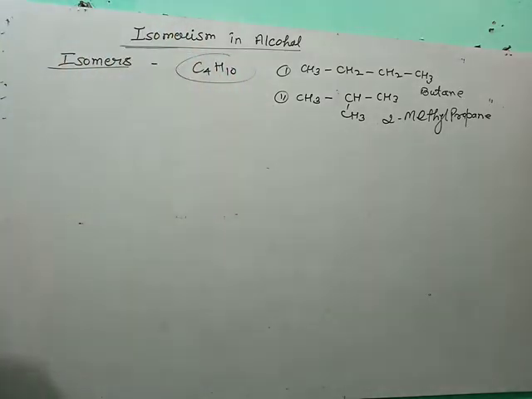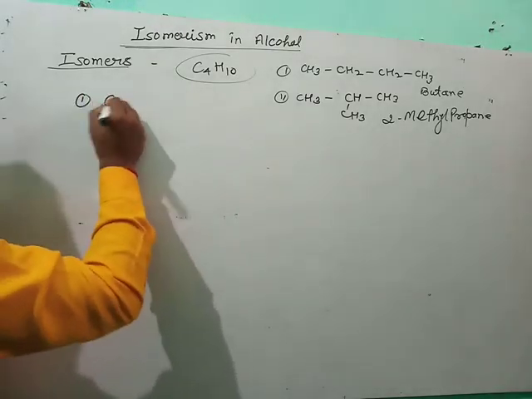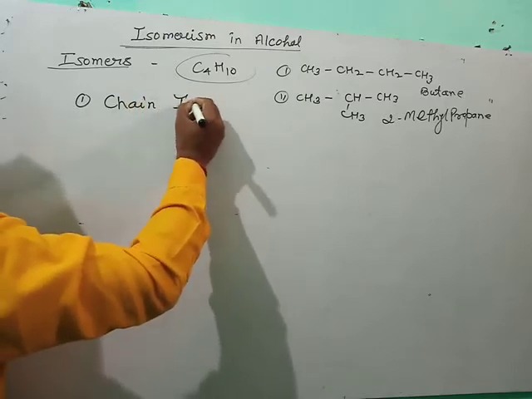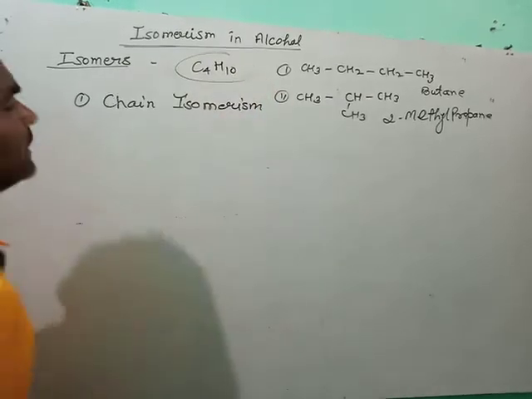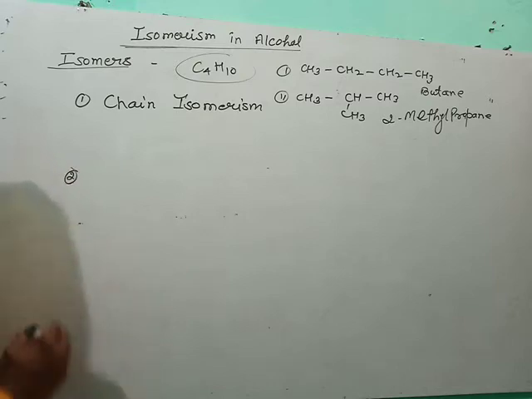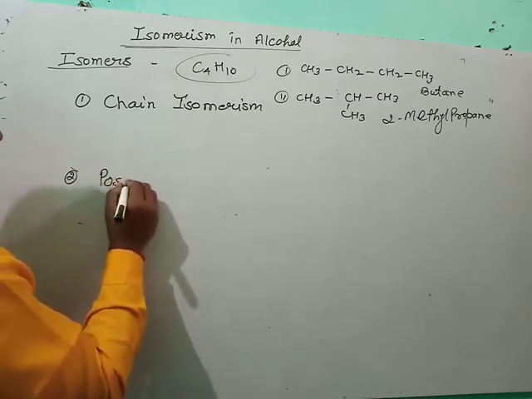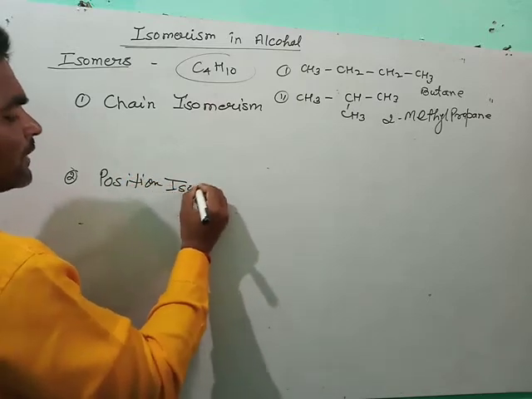Alcohol presents mainly four types of isomerism. First is the chain isomerism. Second is position isomerism.